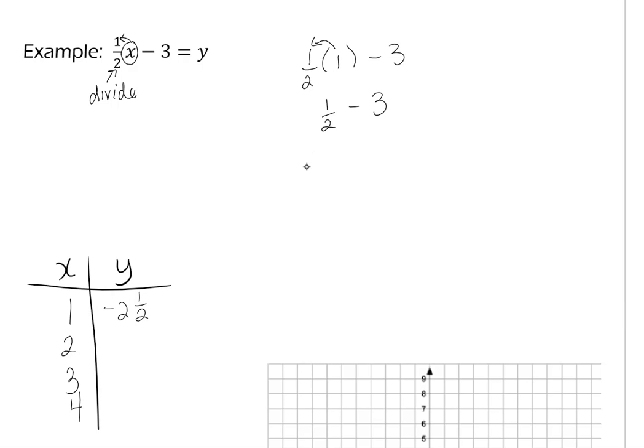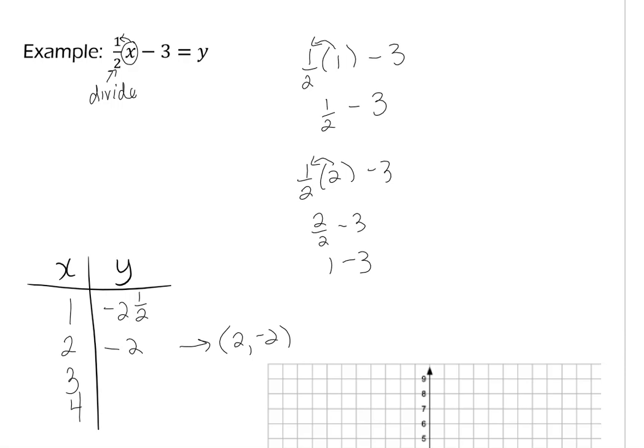Now, if we go to the next input number, when I multiply, I get 2 divided by 2. And I actually quite like that a lot better because 2 divided by 2 gives me 1, and 1 minus 3 is equal to -2. So I actually can graph this one. The first one, a little bit harder to do it accurately.